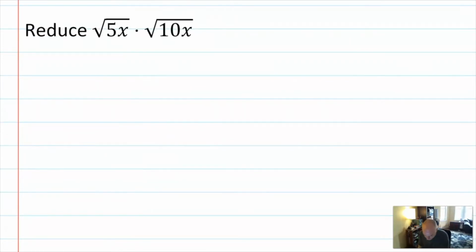All right, let's do another one. But I want to look at this a little bit first. I notice right away that this is not simplified yet. And I notice I have a square root of x.